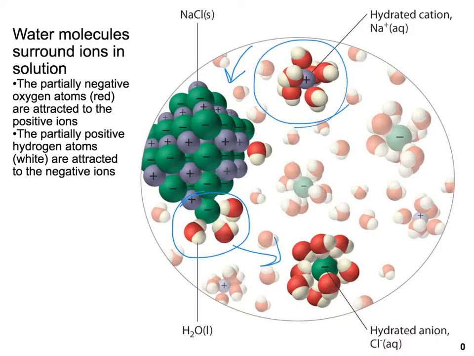They're being pulled away from the crystal by the negative parts of the water molecules, the oxygen sides of the molecules. And those negative oxygen atoms in the water molecules will attract to those positive ions, and when enough of them are interacting with it, they can pull it right away from that crystal of sodium chloride.